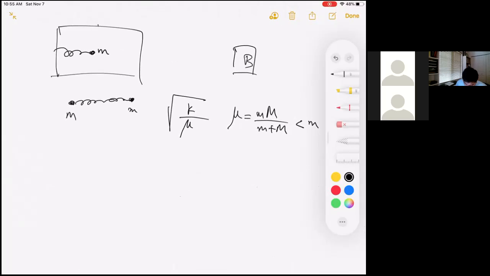So the idea behind this is that, let's say the relaxed length is L. Then imagine it coming out a bit. The key idea is that the center of mass stays fixed. The center of mass was originally here, maybe because capital M was heavier. The center of mass still remains here.